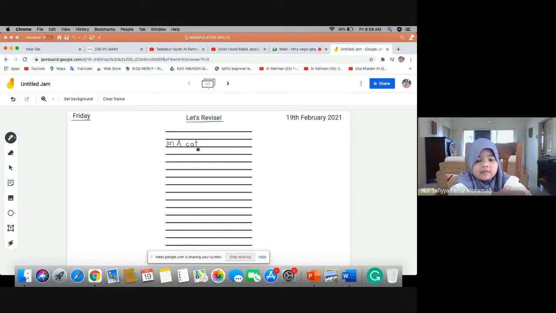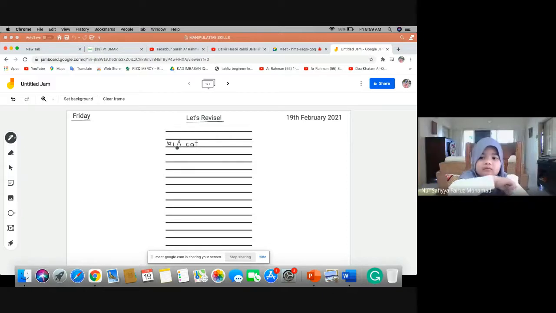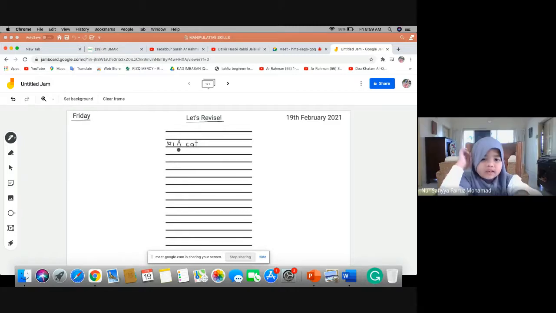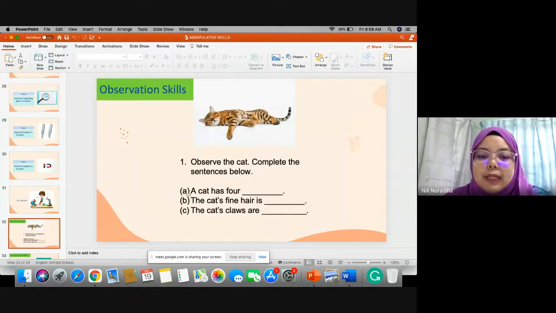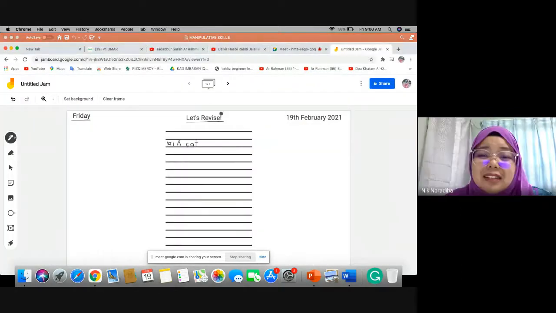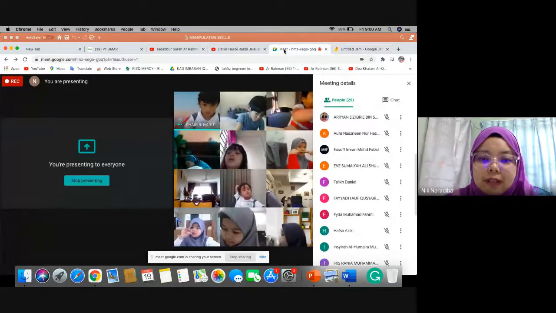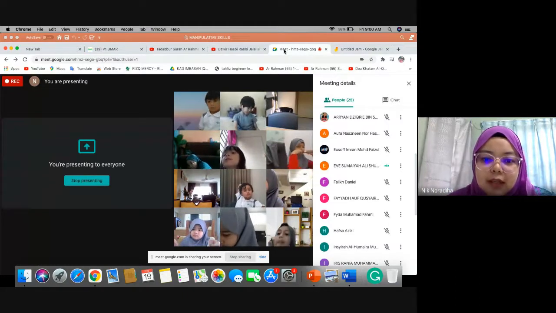What is the first letter there? A. You're writing right now. A cat. Why do we need to write the small letters at the front? Oh, this one. Because we have three questions here: A, B, C. So we need to write this. Okay, Saiful, wait. Just now your friend was asking teacher questions, so you have to wait for a while, okay?